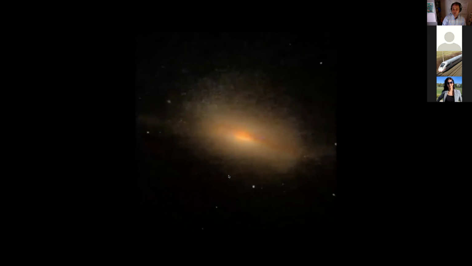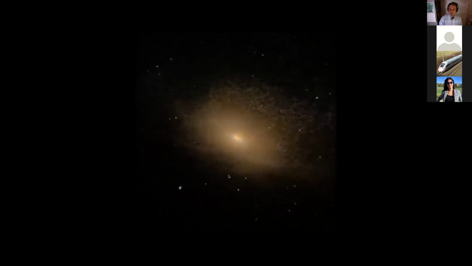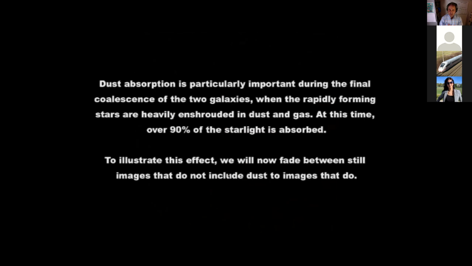So they also threw in dust, which makes the whole thing a lot more complicated because it reddens everything and hides a lot of the light. So this was the part where it really got computationally expensive, where they had to turn those n-body simulations and that big parameter space and then post-process it so that it actually had stellar evolution and dust absorption.